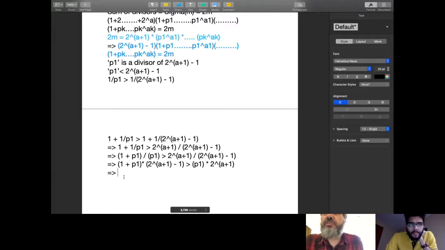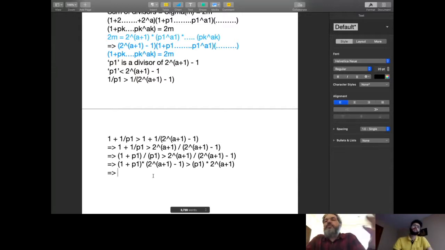The last factor on the first blue row, what is that? It's pk to the ak. But what is the last factor on the next row? Isn't this 1 plus pk plus and so on up to pk to the ak? So pk to the ak appears again as just one of those terms. You have more terms, so it's larger than this.